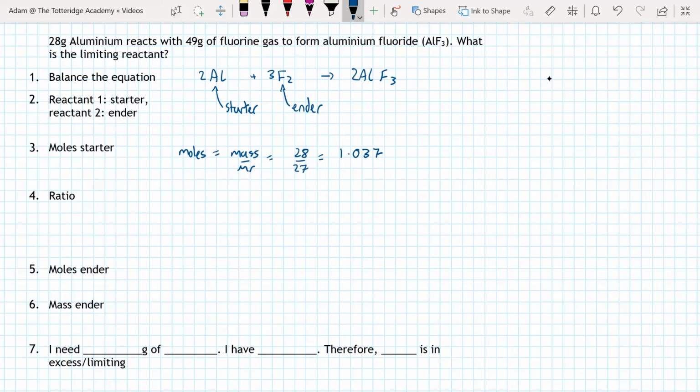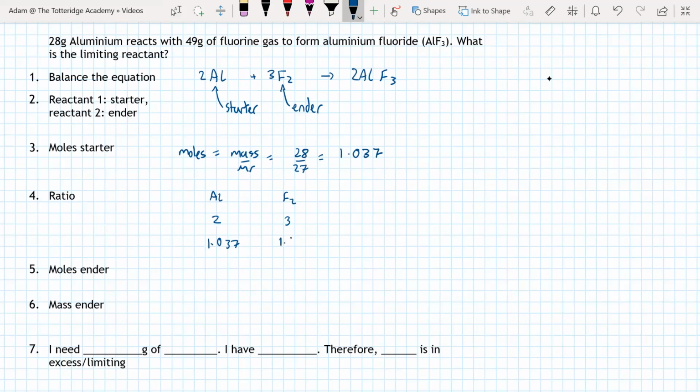And then next up, I need to do my ratios. I'd like you to pause your video and do the ratio for me. So you should have Al to F2, and the ratio of 2 to 3, which means if I've got 1.037 there, what I've done is divided by 2 and times by 1.037. So do 3 divided by 2 and then times by 1.037.